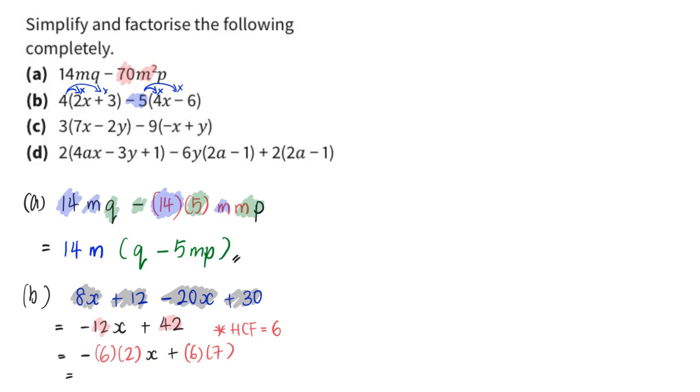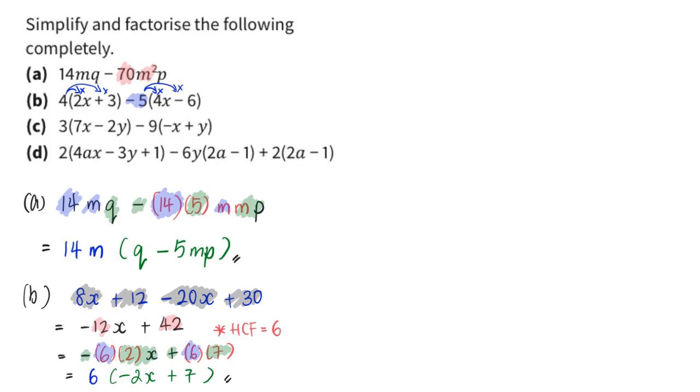So that the final answer, you will see that the 6 is taken out as the common factor. I'm left with negative 2x plus 7. Done.